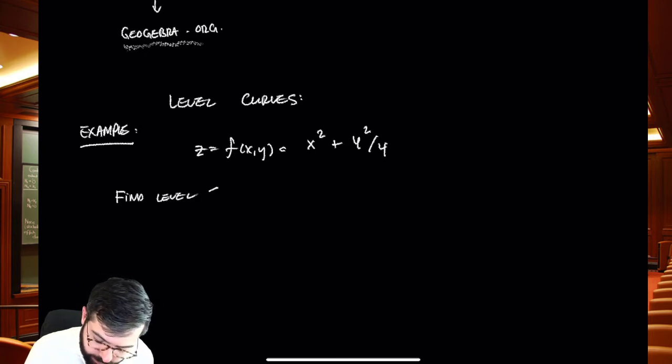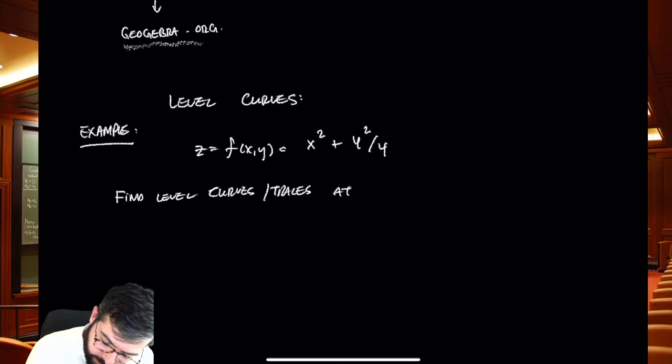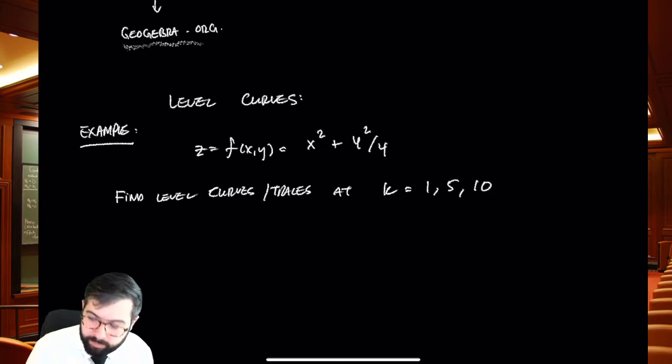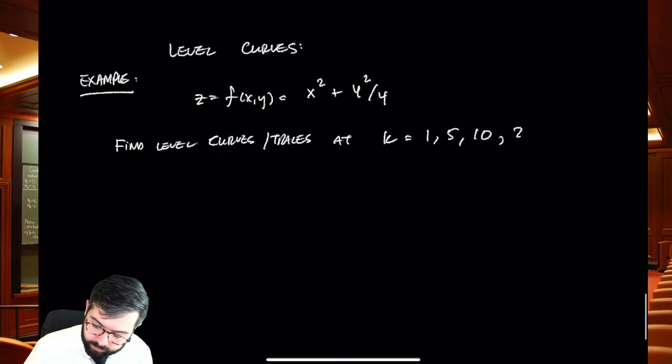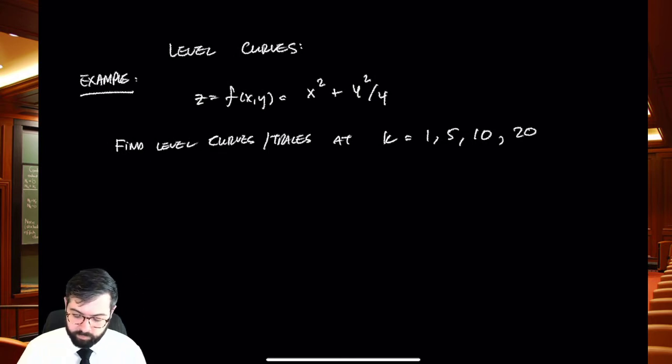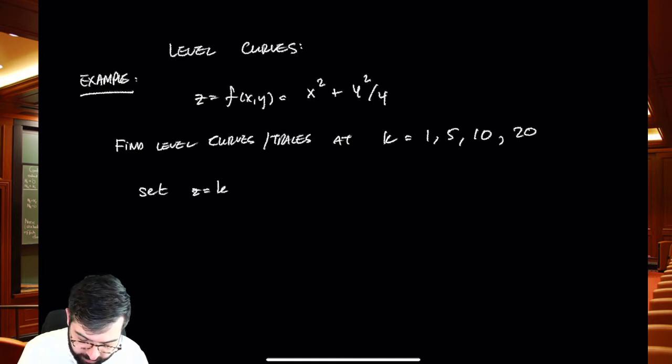We'll find the level curves, or what are also called traces, at k equals 1, 5, 10, 20. So what we do is set z equal to k and identify or draw the curve.